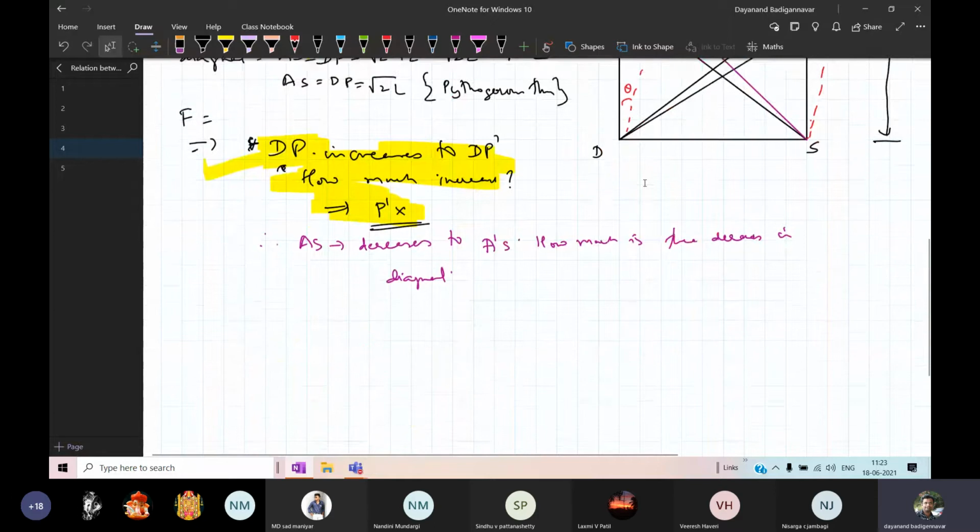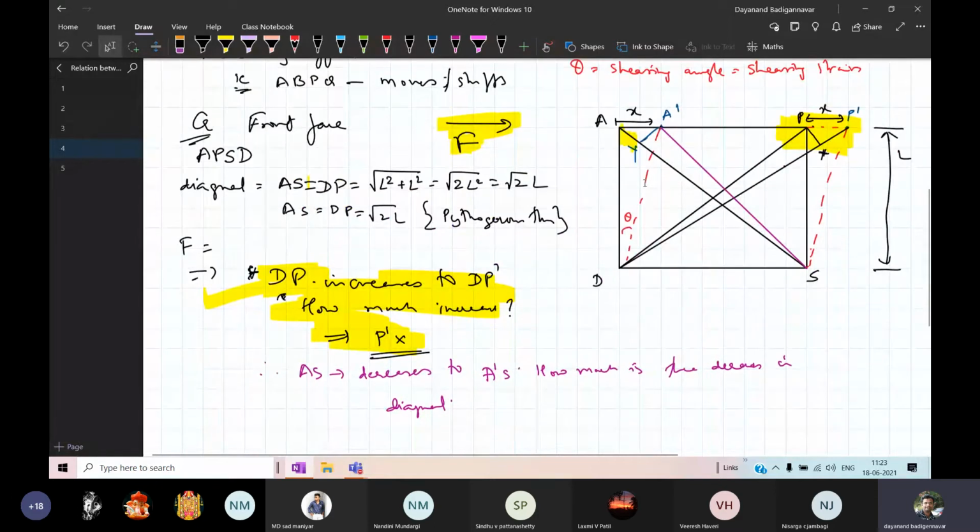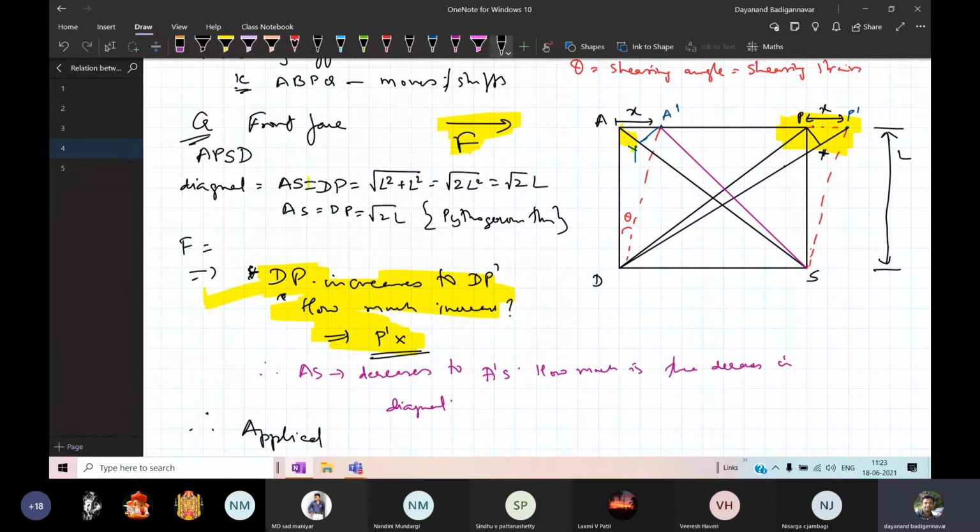Now let us go for the increase in the length. Therefore, how much is the increase? For that, I should first find the stress that is applied. If F is the applied force, therefore I can write the applied stress. It is also called the tangential stress.